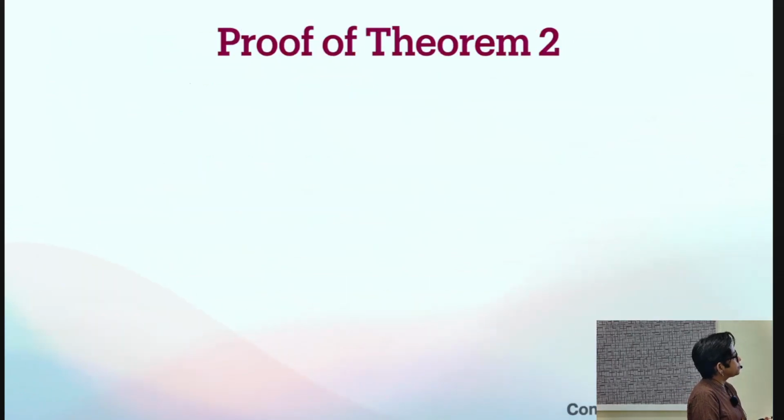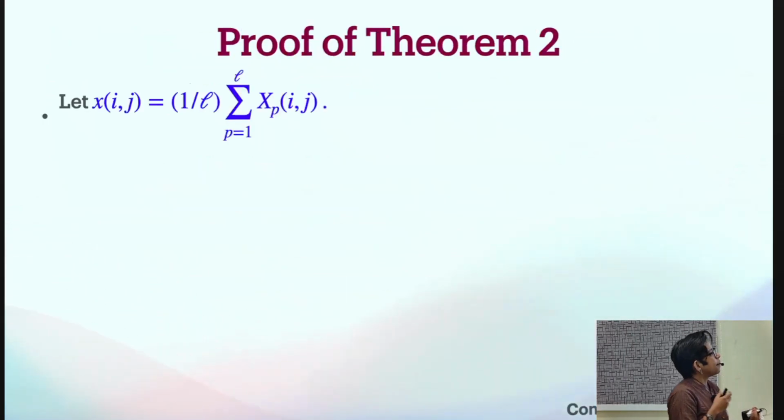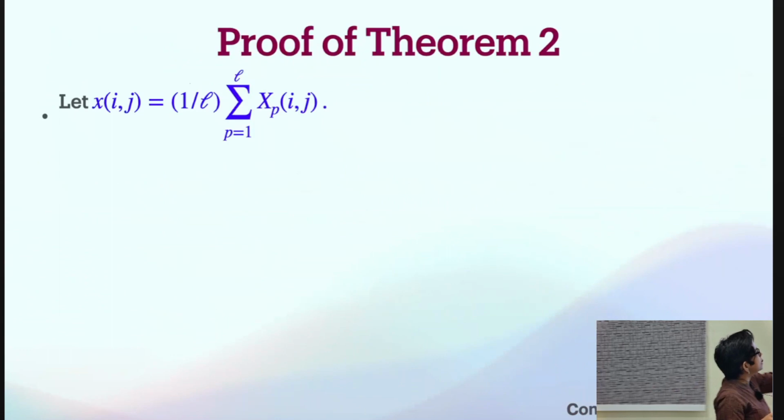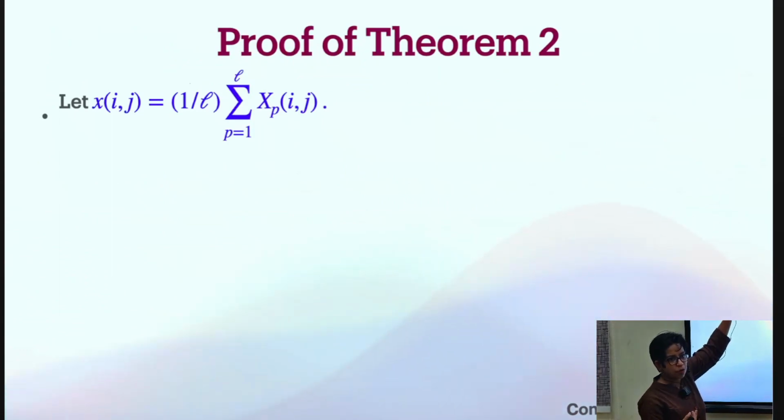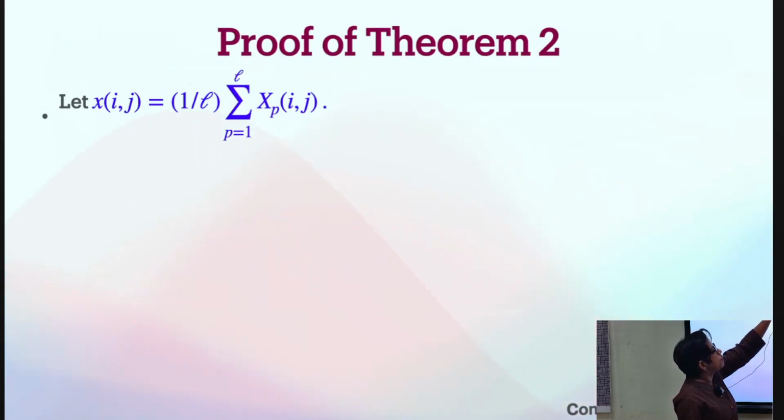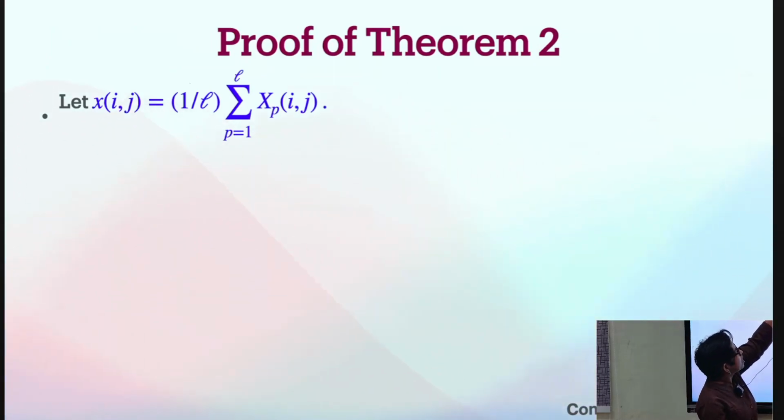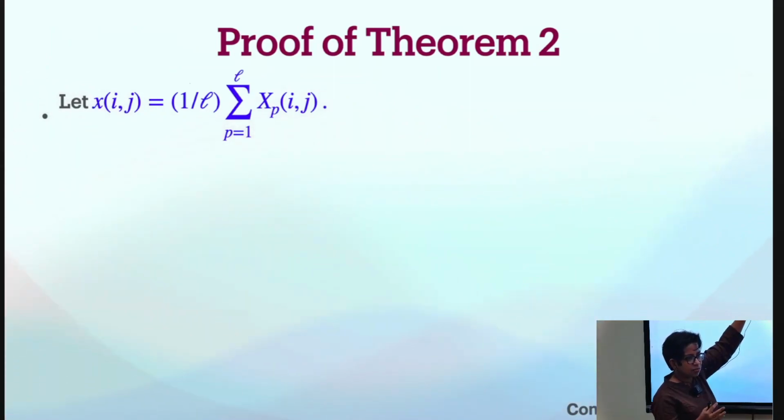Okay, let's see. So basically the formal proof requires me to do something like this. I define this xij to be this summation over p, where this is the pth matching, like I have L matchings, m1 to mn.